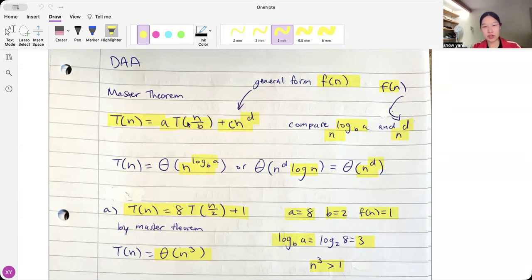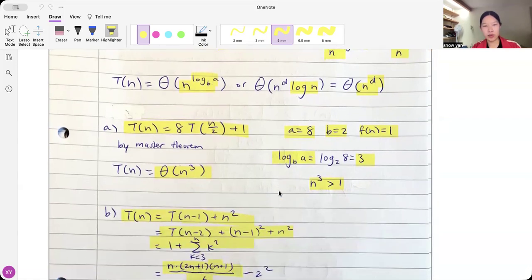So what we do is compare the cost of dealing with the recurrences, like the leaves, the smaller cases, versus the ones at the current step, and see which one's bigger. So we compare n to the log_b of a and then compare f(n), or n^d, and see which one's bigger. Whichever is bigger, we go by that complexity. And if they're the same, we just multiply by log n.